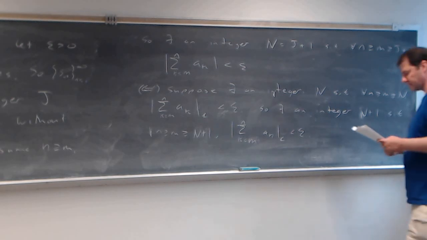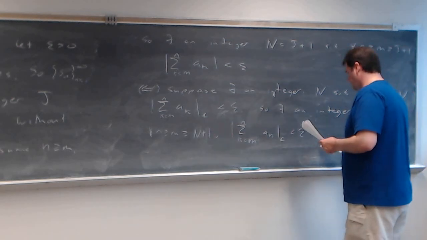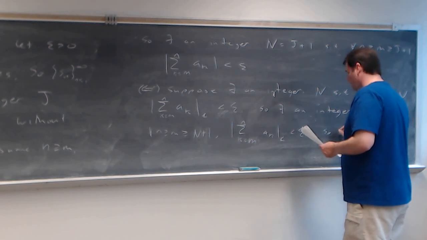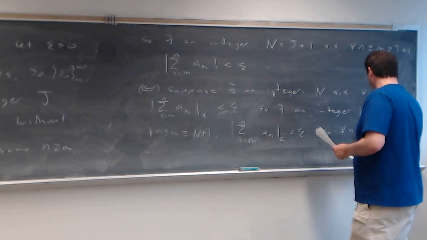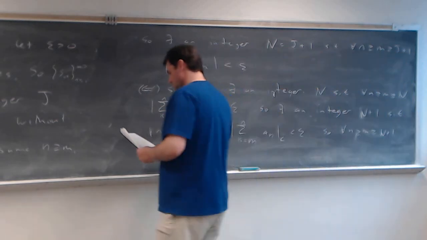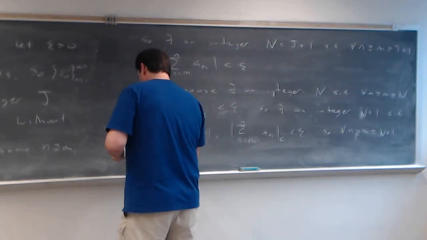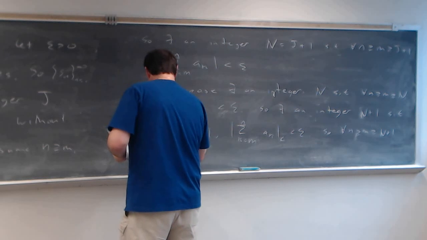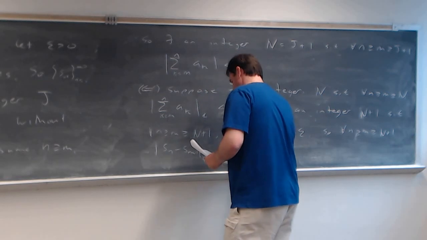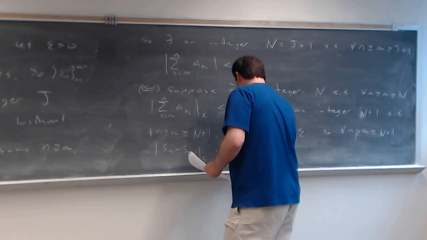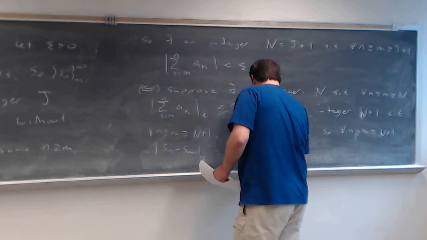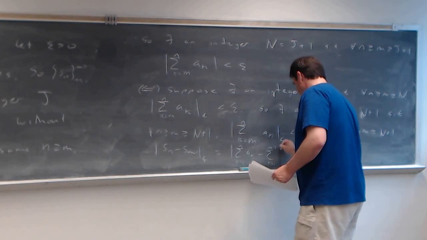So for all n and m, n bigger than or equal to m, bigger than or equal to N plus 1, if you look at s of n minus s of m minus 1, that's equal to the sum as k runs from 1 to n of a sub k minus the sum as k runs from 1 to m minus 1.